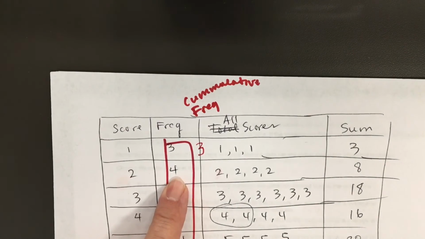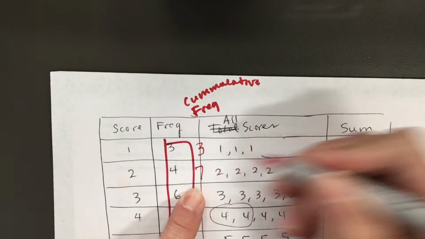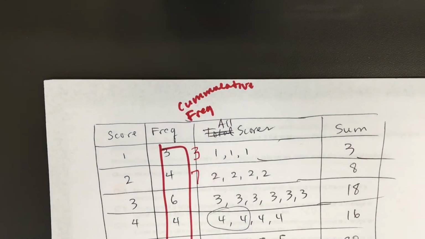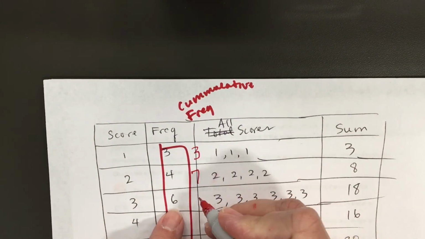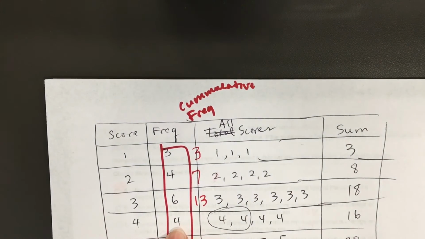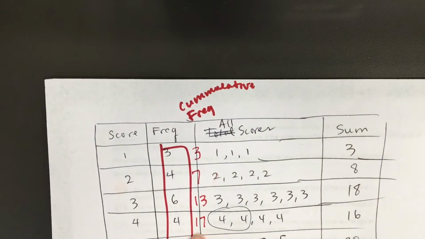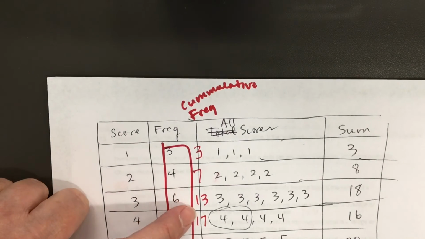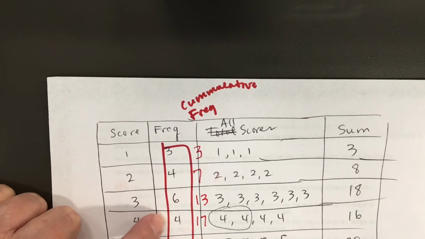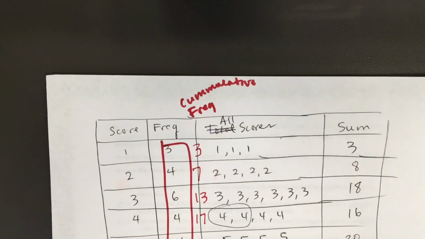Score of 2, the frequency was 4, but we add 3 plus 4, and we get 7. Score of 2 and less, there were 7 of them. For the next one, 7 plus 6 is 13. And then the 4 had a frequency of 4. 13 plus 4 is 17. And at that point, the 14th and 15th scores are right up in here. So that's how you would do it without writing out the chart. Thank you for that question.